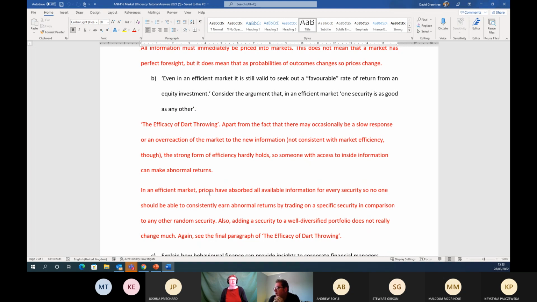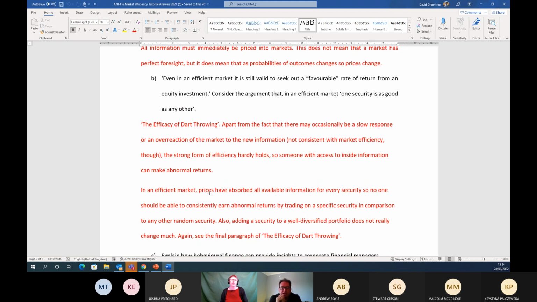It also implies that adding a security to a well-diversified portfolio doesn't particularly change your return very much.